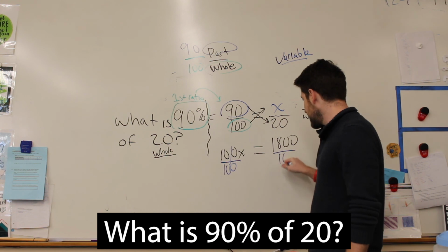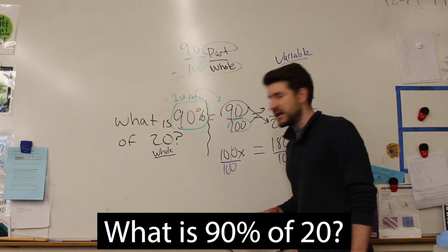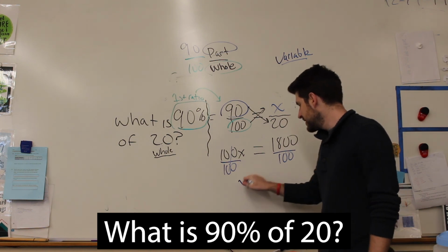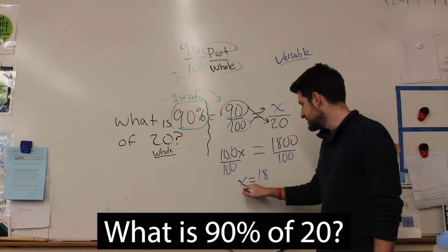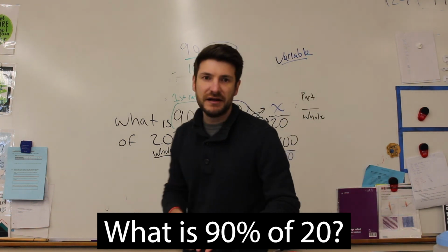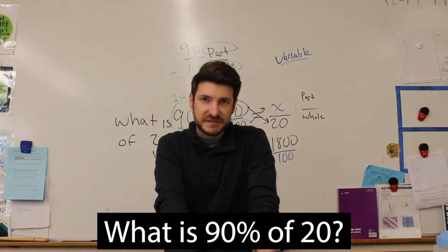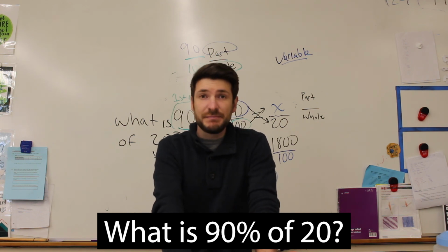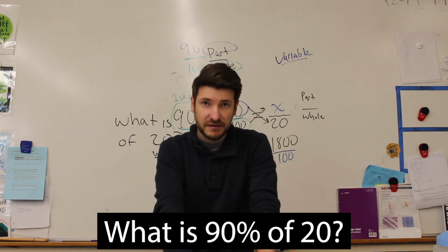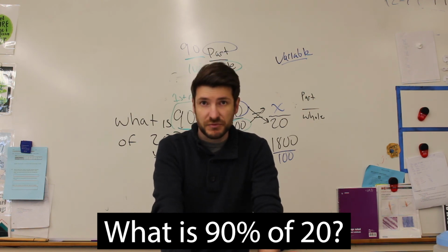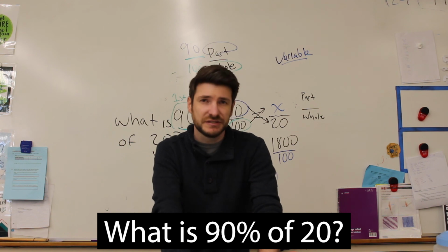Divide both sides by that 100 that's touching the x, that constant there. 1800 divided by 100, x equals 18. Which means 18 out of 20 is a 90%. So 18 is 90% of 20. Solved the exact same way as a proportion problem, with a few changes.